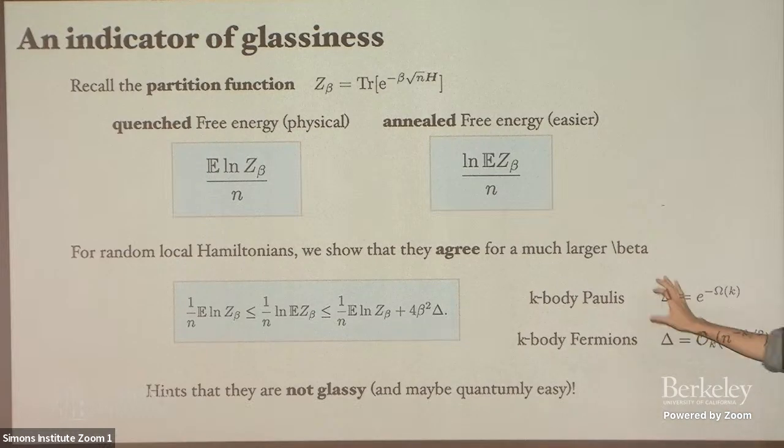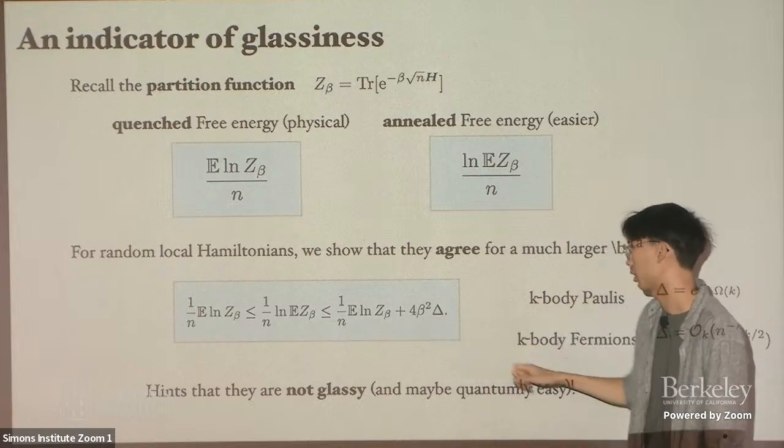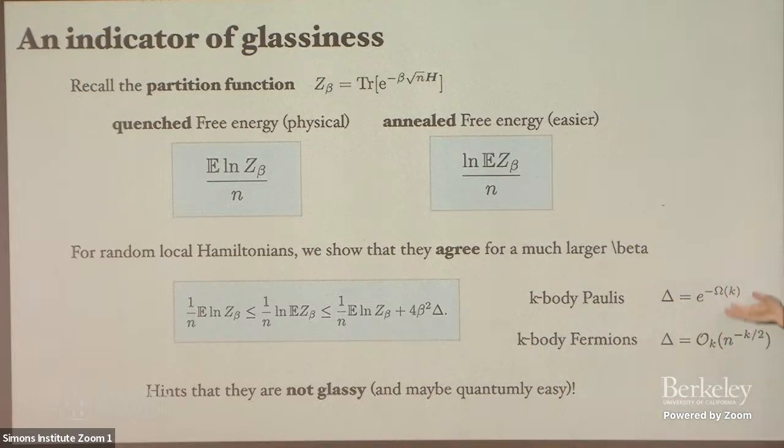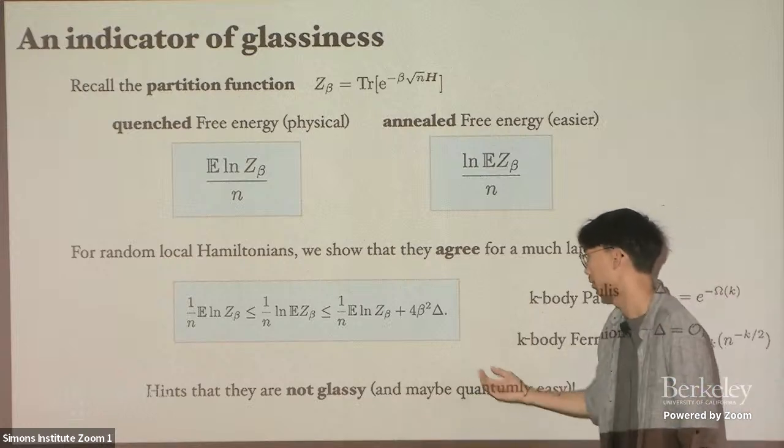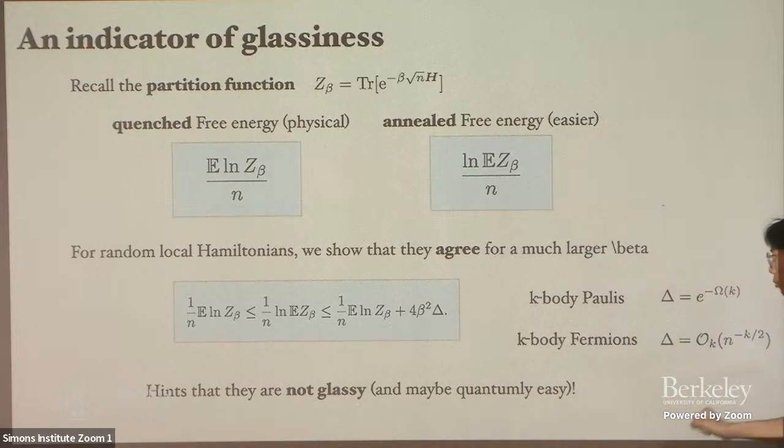And then these depend somehow on the model through this parameter delta that I will tell you. And here are the values for these models. So this is just one indicator, but hopefully this may mean that these models are actually quantumly easy, still at a low temperature. But this is not what we show here. We only show that this number agrees.